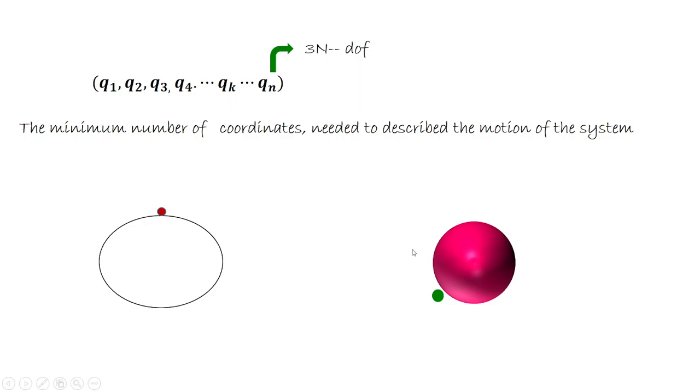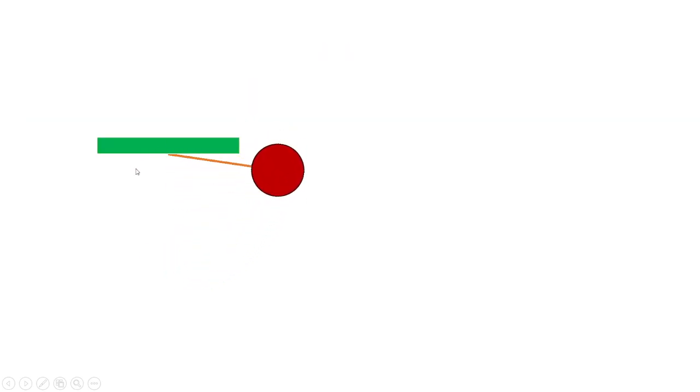Suppose we have a system of n particles constrained by m equations. Then we need 3n minus m generalized coordinates. If you look at a simple pendulum, moving like this, we need only one generalized coordinate to describe the motion of this simple pendulum.